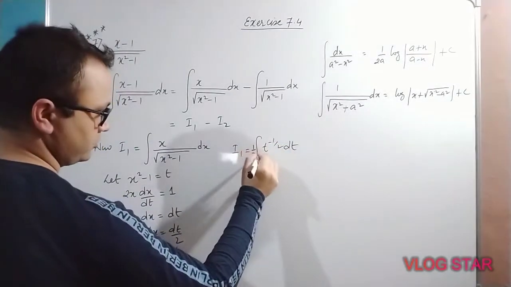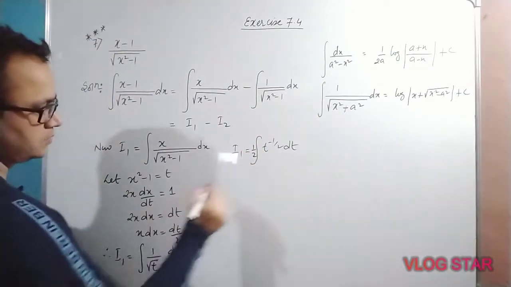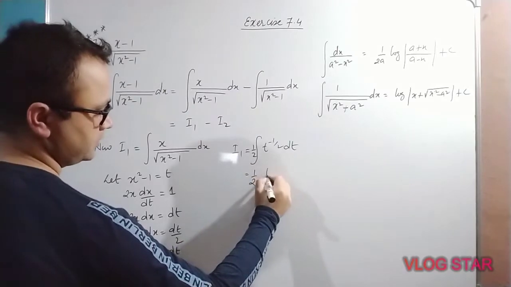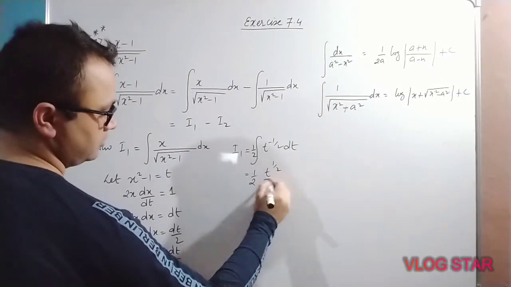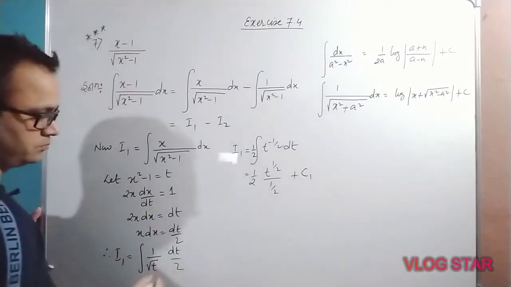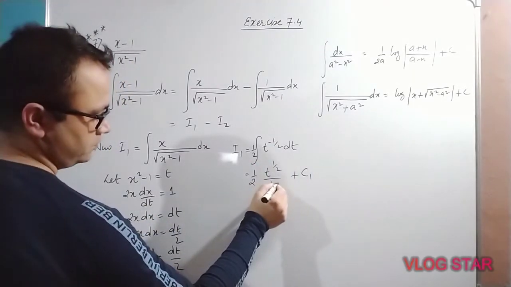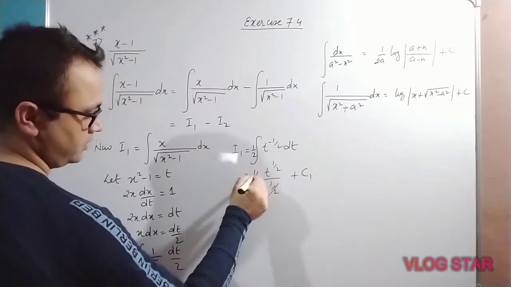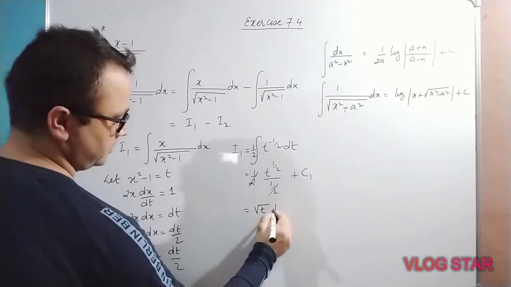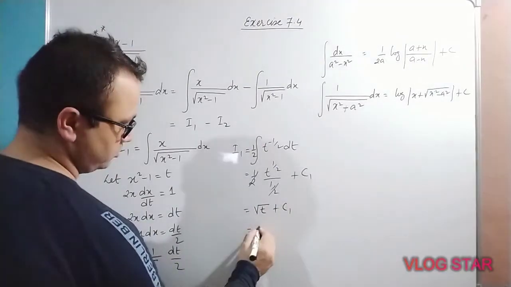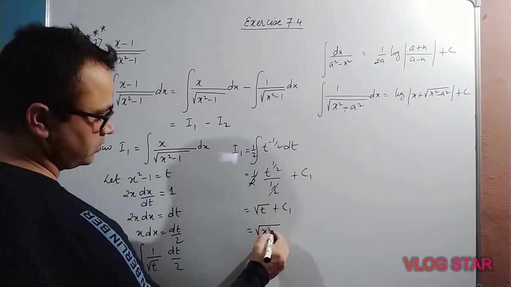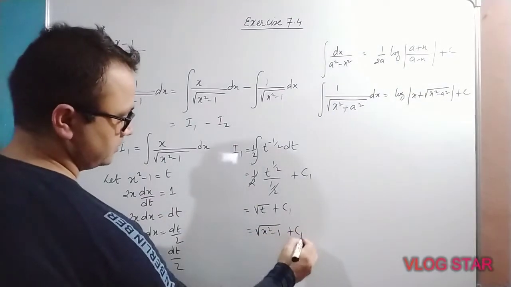Taking half outside, this equals 1 by 2 integration of t to the power minus half, which is t to the power half by half plus c1. We can cancel the half half, so this equals root under t plus c1. So t is root under x square minus 1 plus c1.